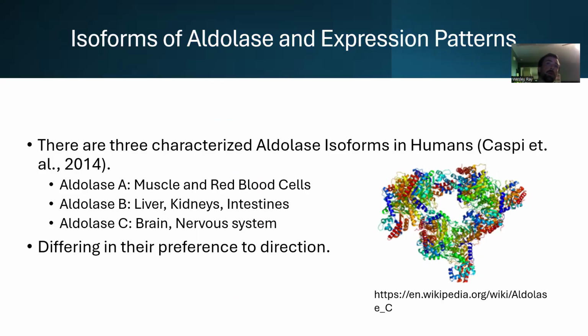Okay. Isoforms of aldolase and their expression patterns. There are three characterized aldolase isoforms that are discussed in terms of humans, and also all mammals from the information that I could find. Several of the articles that I cite are built around studies where they are knocking out this gene and seeing what it does to expression levels.